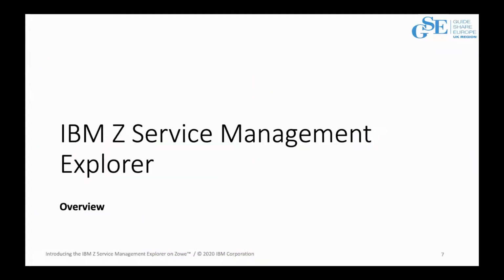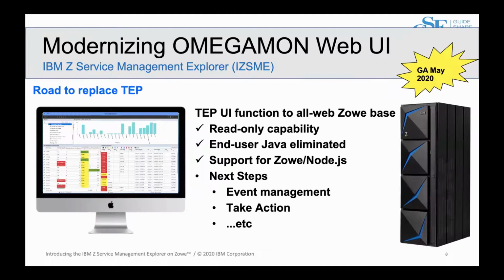So let's look at the IBM Z SME in more detail. The objective of IBM Z SME, or Service Management Explorer, was to modernize the Omegamon web user interface. We introduced it in May this year. It's actually our role to replace the TEP. Now, you may all have experience with the Tivoli Enterprise Portal, and there are some issues with needing the end user Java.